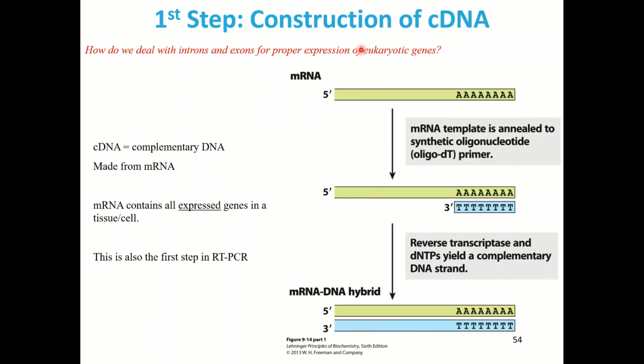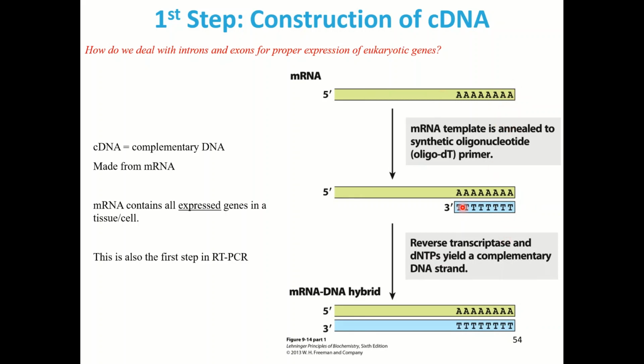Okay. The first step of doing this is you have to construct what's known as cDNA, complementary DNA. And it's complementary to the messenger RNA. So if you have a specific messenger RNA for your gene, you use a primer that sticks to the end of your messenger RNA, and all messenger RNAs have a poly A tail, which is that base A just repeated over and over again at the end of that gene.